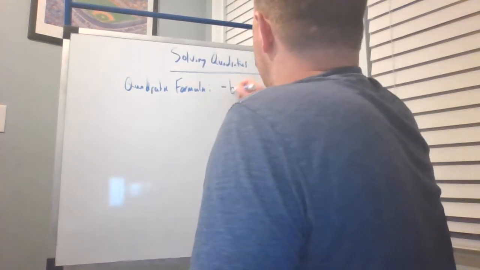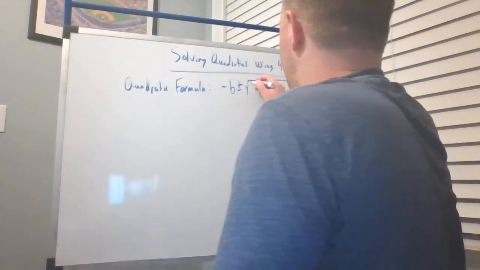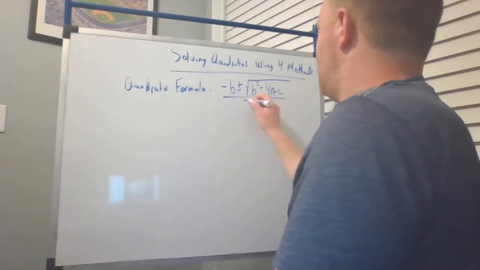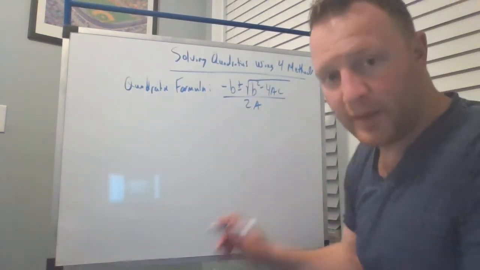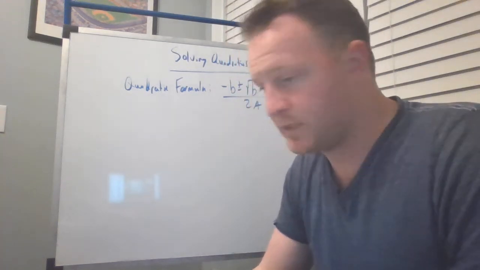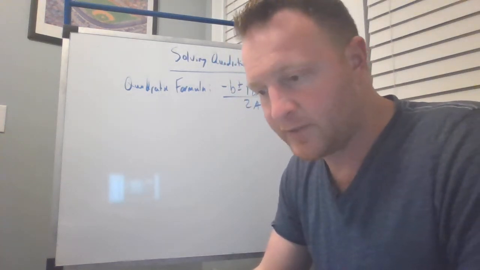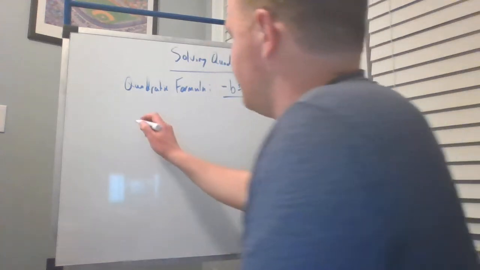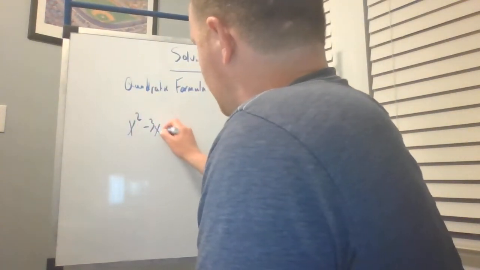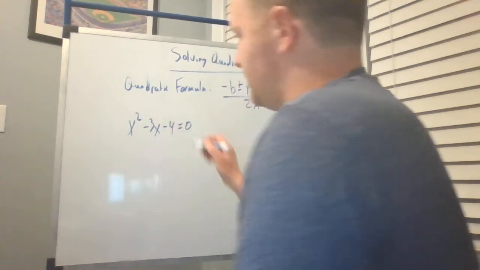Remember, opposite of b plus or minus square root of b squared minus 4ac all over 2a. Okay? I anticipate that a lot of you will be urging to use this a lot going forward because it's rather simple. So, first example is going to be x squared minus 3x minus 4 equals 0.